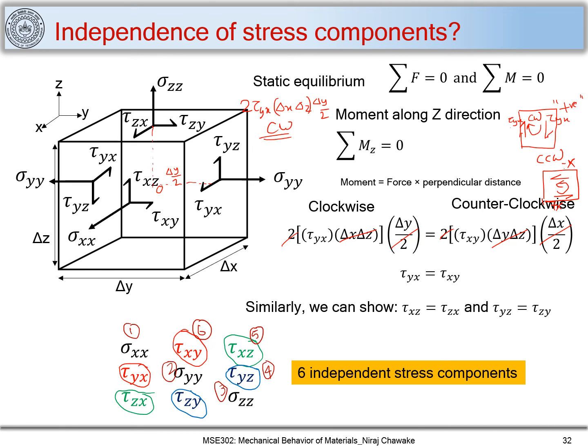I just need these 6 components, 1, 2, 3, 4, 5, and 6, to define my state of stress, and the rest I can find out. So out of 9 components, only 6 are independent. With this, I'll stop here.